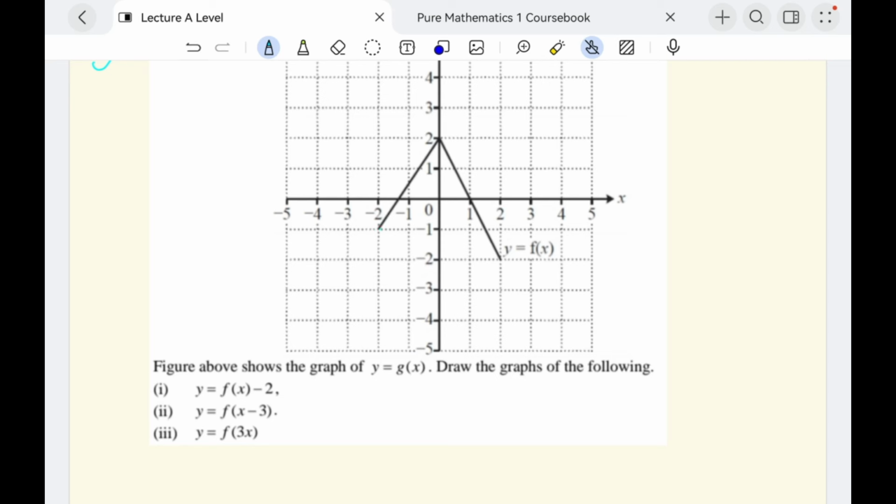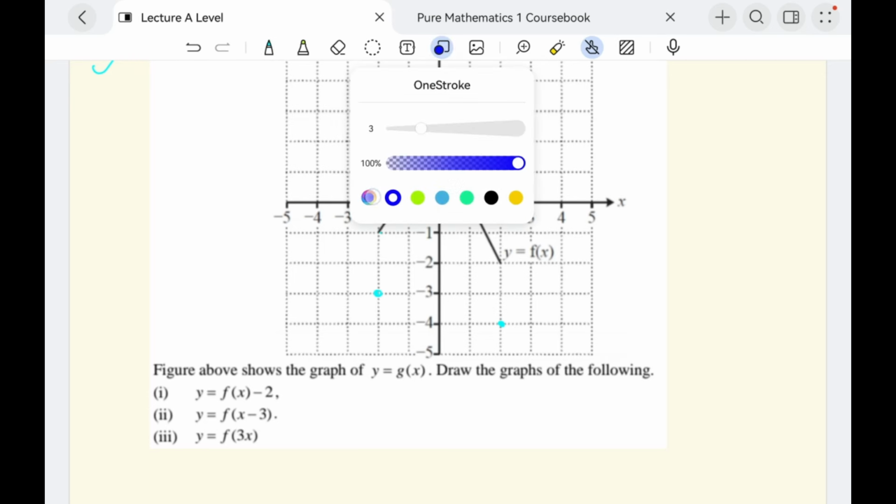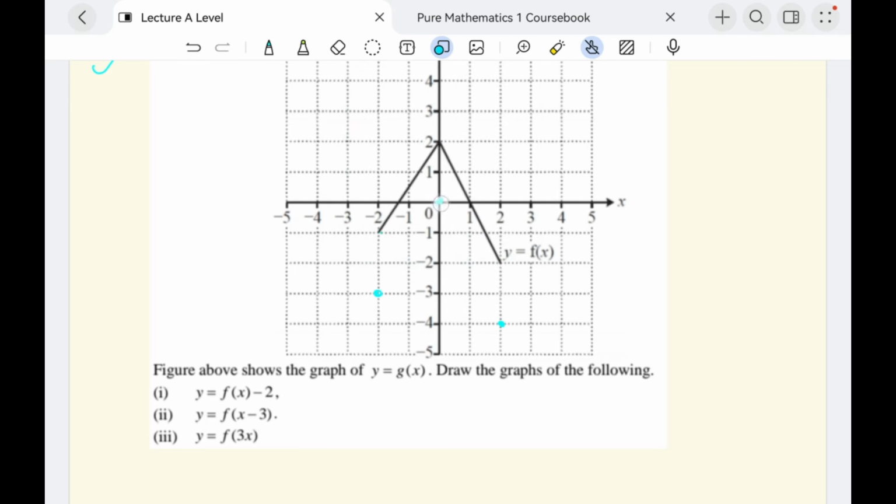Okay, so first of all you need to plot the points of the new graph, and then maybe I change the color, and then you draw the new graph. So this is how you draw a new graph through this transformation. Alright?